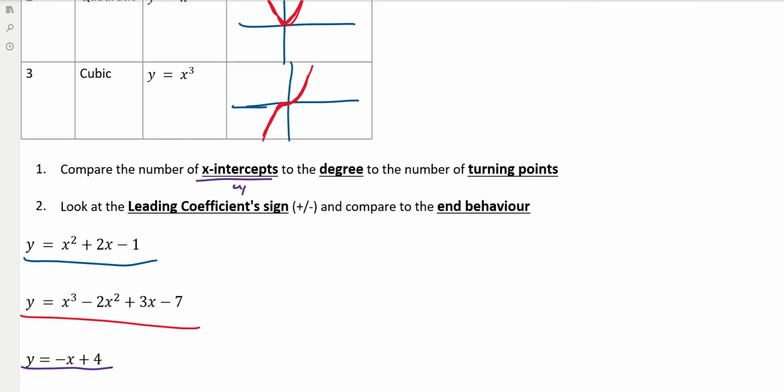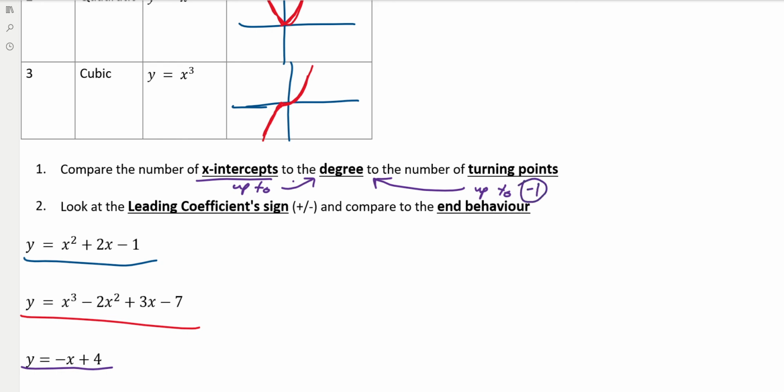So up to degree. Okay. Turning points can also be up to the degree. Okay. They can never pass the degree. Up to, up to 1 less than the degree.